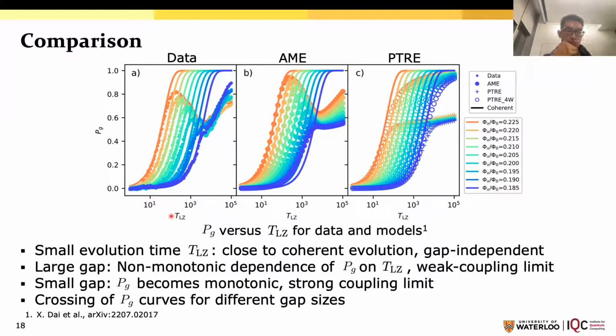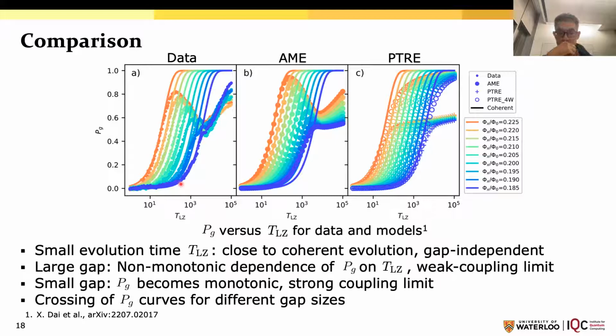We've seen the Landau Zener based on MRT theory, which predicts that at short evolution time, even if you're in the strong coupling limit, it's still close to the coherent limit, so you can't tell it apart from the weak coupling limit result.